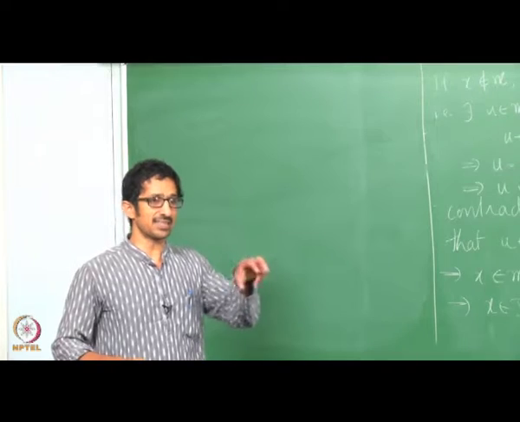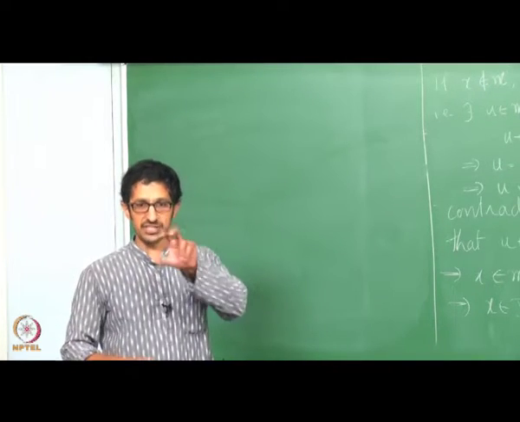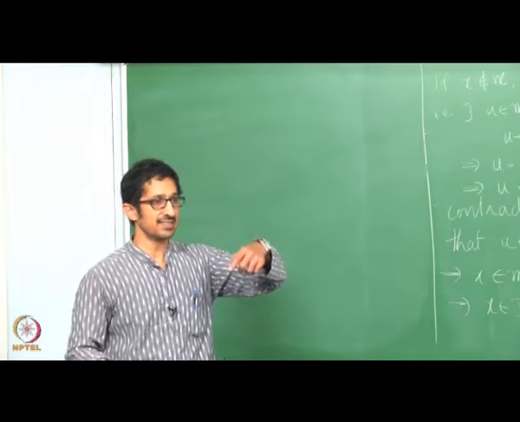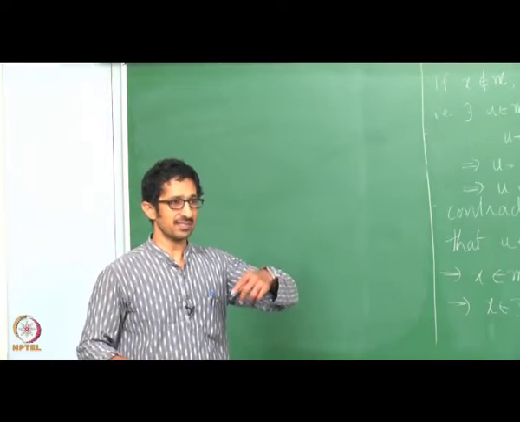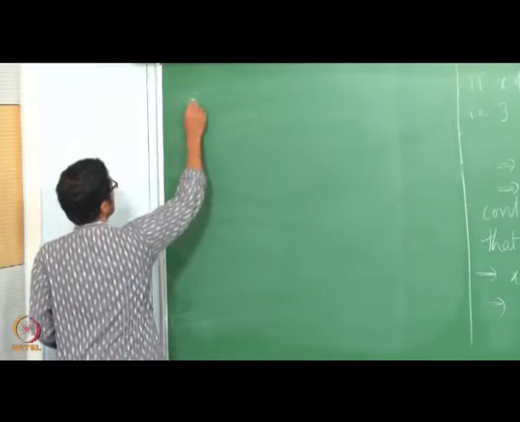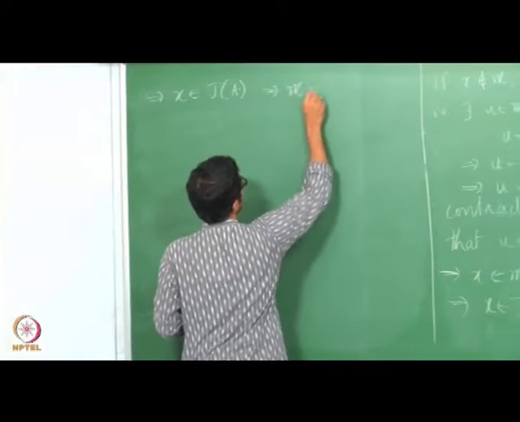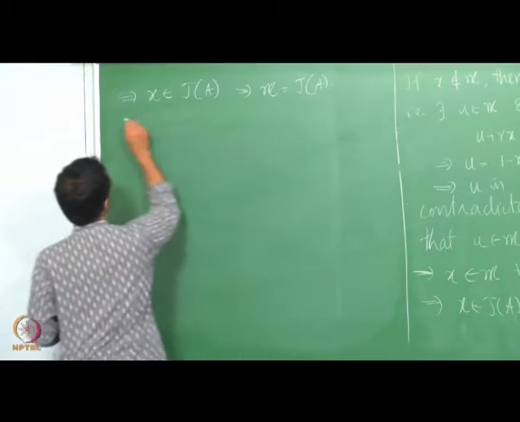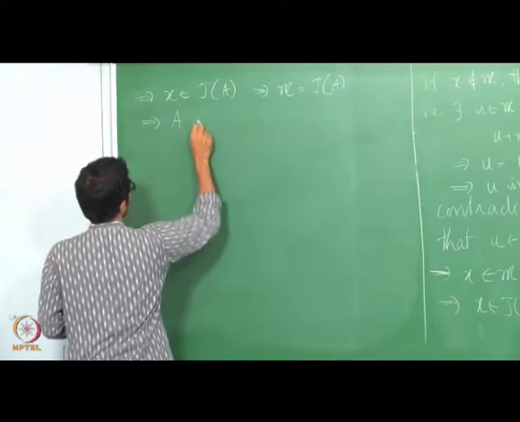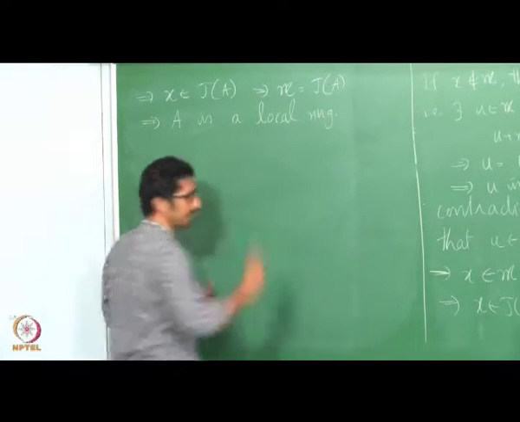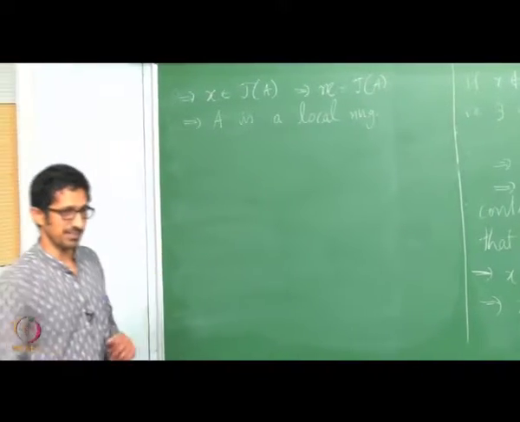Therefore, Jacobson's radical is contained in each maximal ideal, but here we are saying that M is contained in the Jacobson's radical, which means both are equal. This implies x is in Jacobson radical, and that implies M is equal to J of A, and that implies that A is a local ring. It has precisely one maximal ideal.